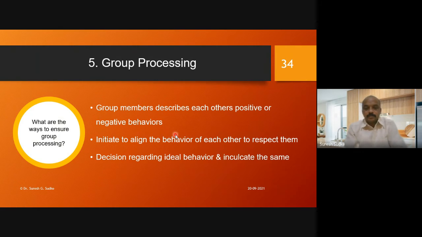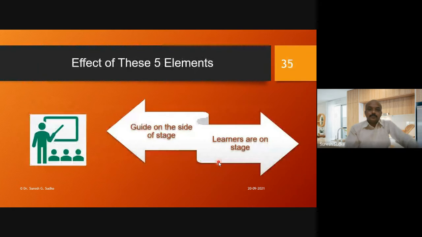When we overcome the weaknesses of each other, it will develop the behavior of the individual, and thereby it will be very helpful for aligning one another. And the decision regarding the ideal behavior is inculcated in all the students.